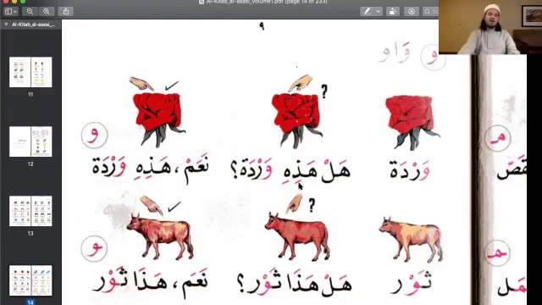Right. And so how do we know that this is, لماذا نقول هذه? Why do we say هذه? Because it is feminine. And we know it's feminine because of the ta marbuta at the end. Good.